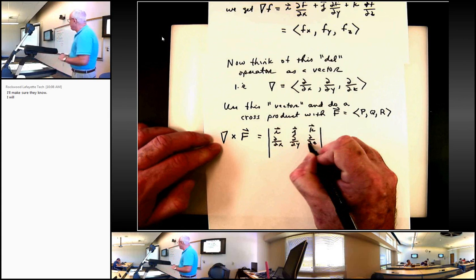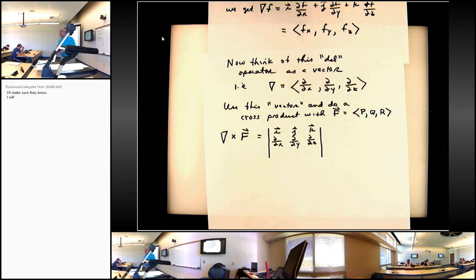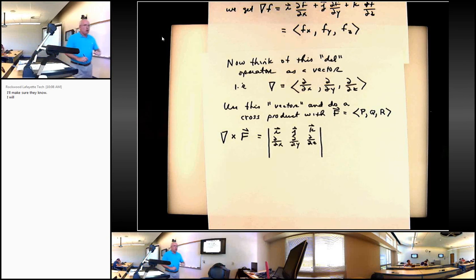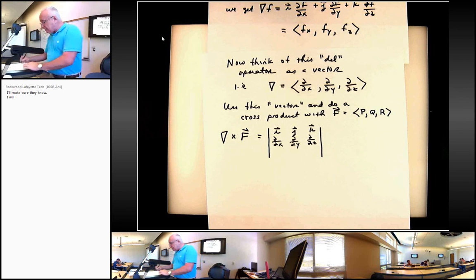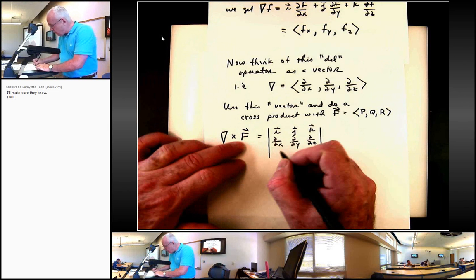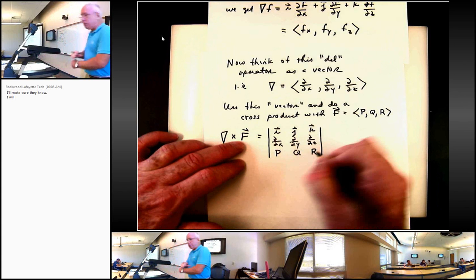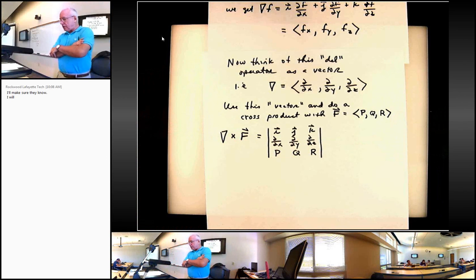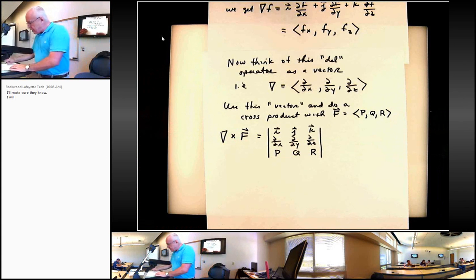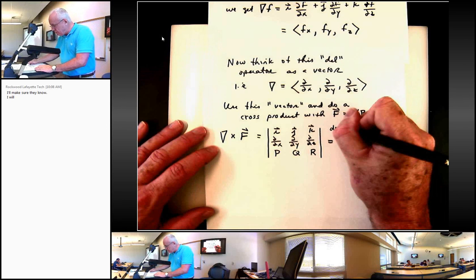Yes, it's a cross product. And then our last row is the second vector, our functions P, Q, and R that compose our vector. Now, let's calculate this. Remember, we use a determinant.